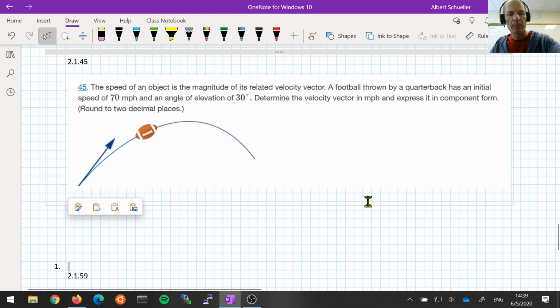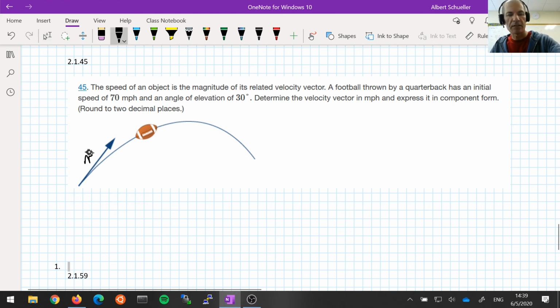So what do we know about the magnitude of this vector? Let's name this vector A. We know that the magnitude of A is 70. Can we find a vector that points in this direction, 30 degrees above horizontal?